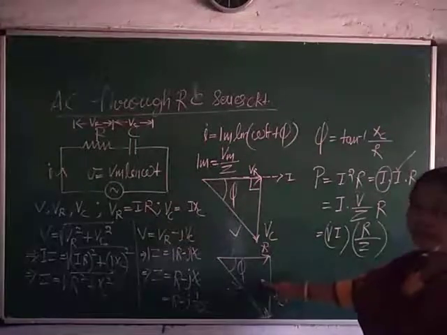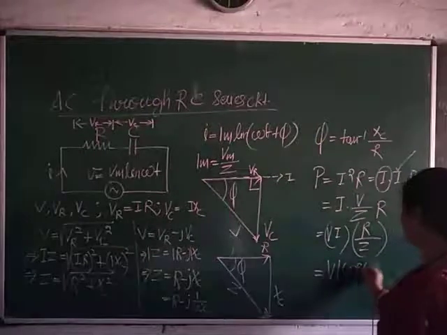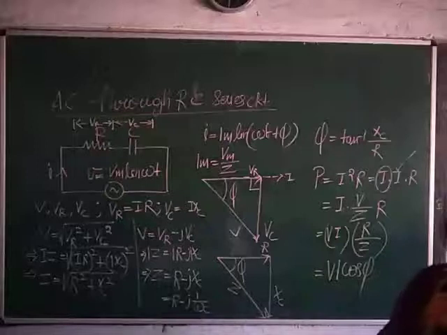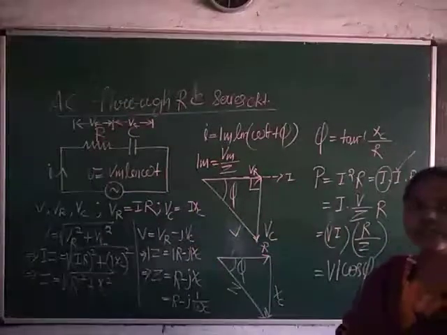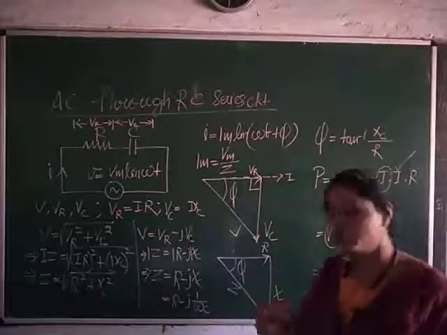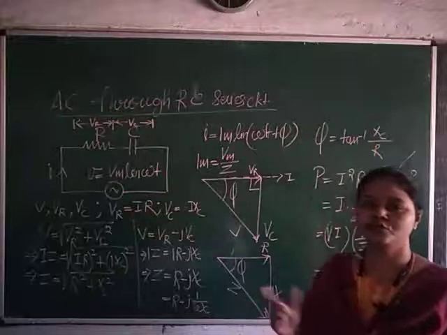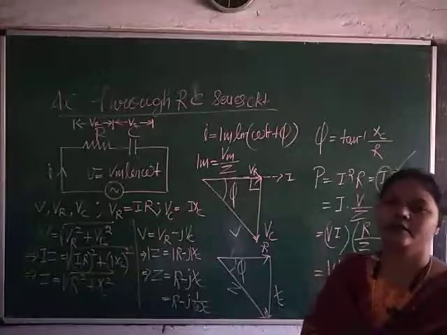From the impedance triangle, it is the power factor. So V I cos phi is the average power consumed by the RC series circuit. Next, you draw the power triangle, in the same way as you drew it for the RL series circuit.